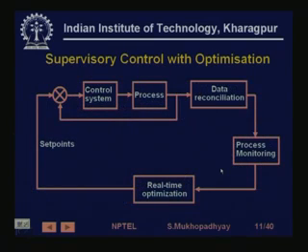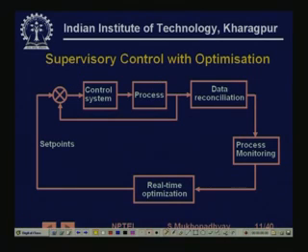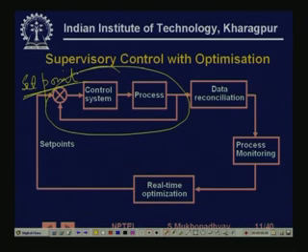So, essentially when you are giving a set point, there is an element of optimization involved in this. That is shown here: this is your automatic control loop, this is your automatic control system, this is your set point, and this is your closed loop system.